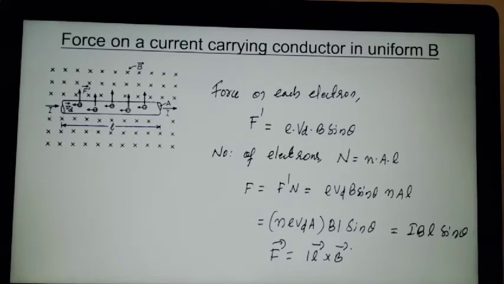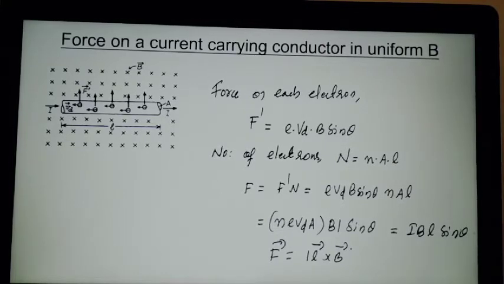Then what is V here? The velocity with which these electrons are moving, that is the drift velocity Vd. And what is B here? B is the intensity of magnetic field, and sin theta in general case, theta is the angle between V and B. So we can say that F dash, force on each electron, will be e Vd B sin theta.